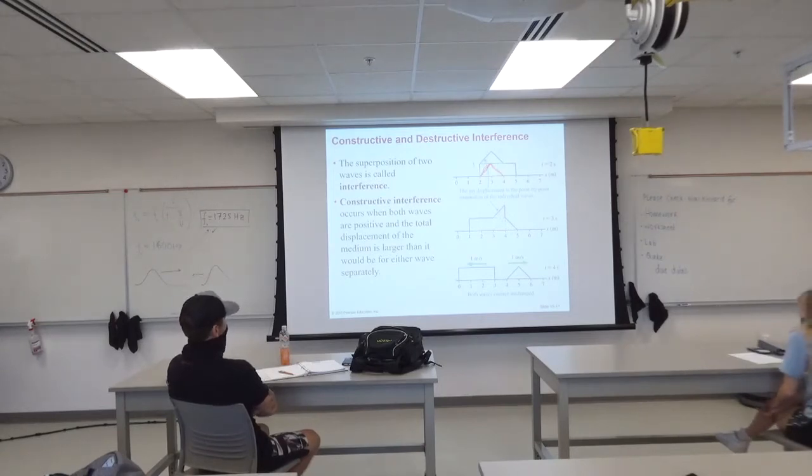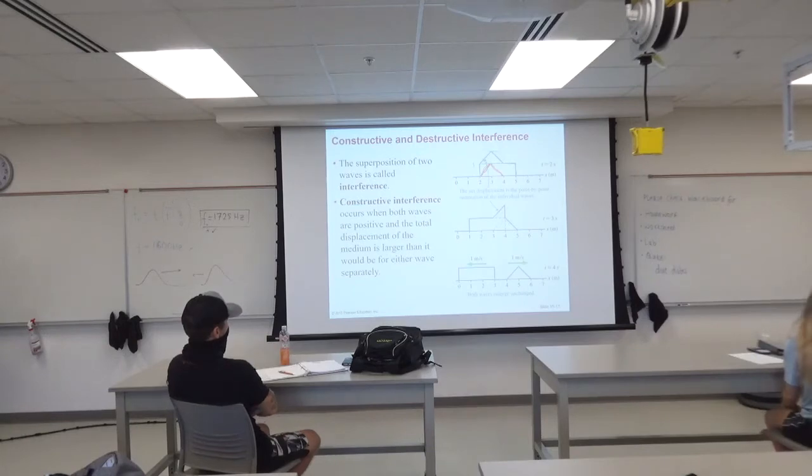Okay, you get that point. If you add this point to that point, you get this higher point. And at this point, both the red and the green have the height of 1, okay, same height. So if you add 1 and 1, you get 2. Okay, so you get twice as high as the individual ones.